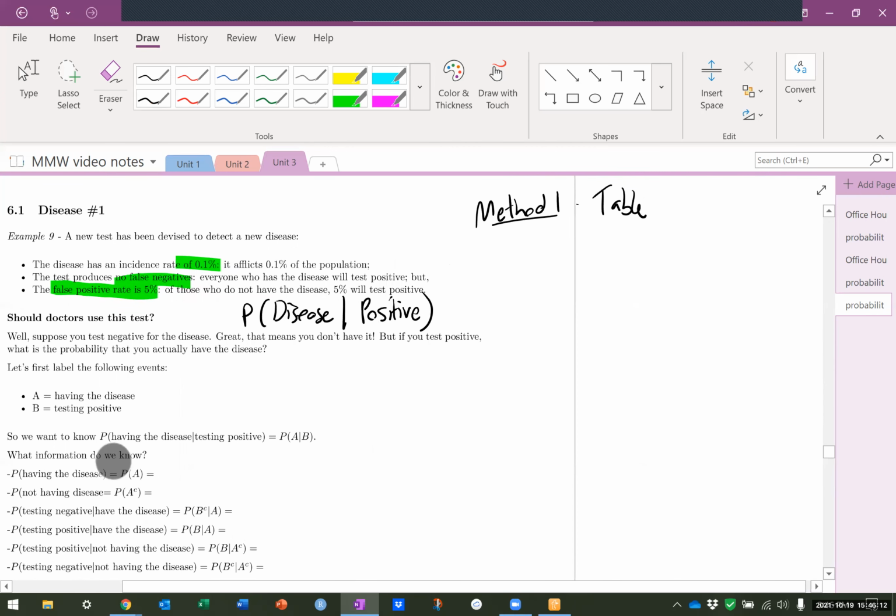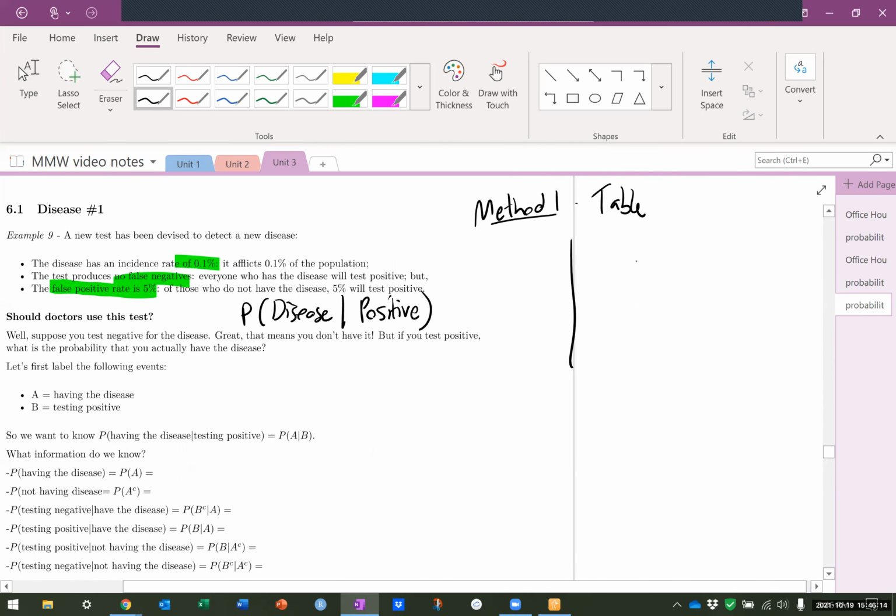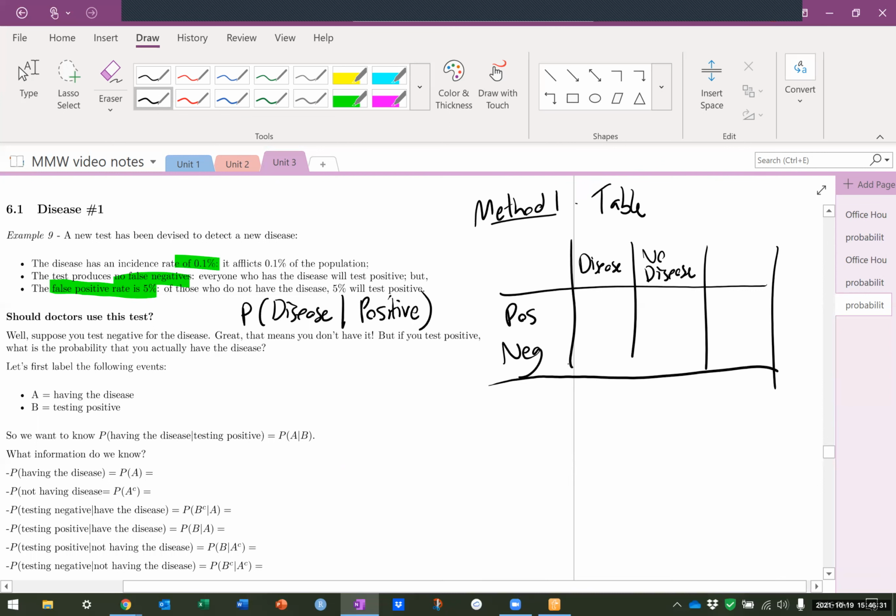So method 1, the table, involves just listing all the possible outcomes. So you either have the disease or you don't, and you test positive, or you test negative. So these are the different cases.